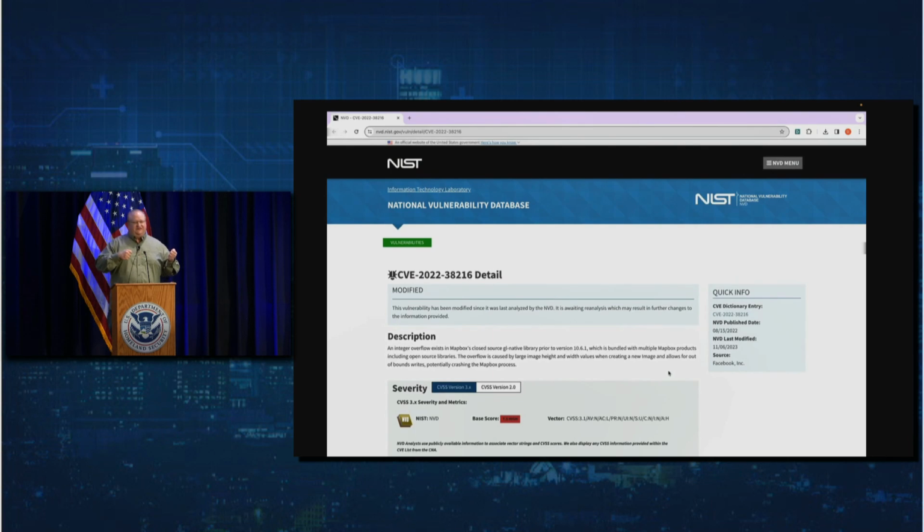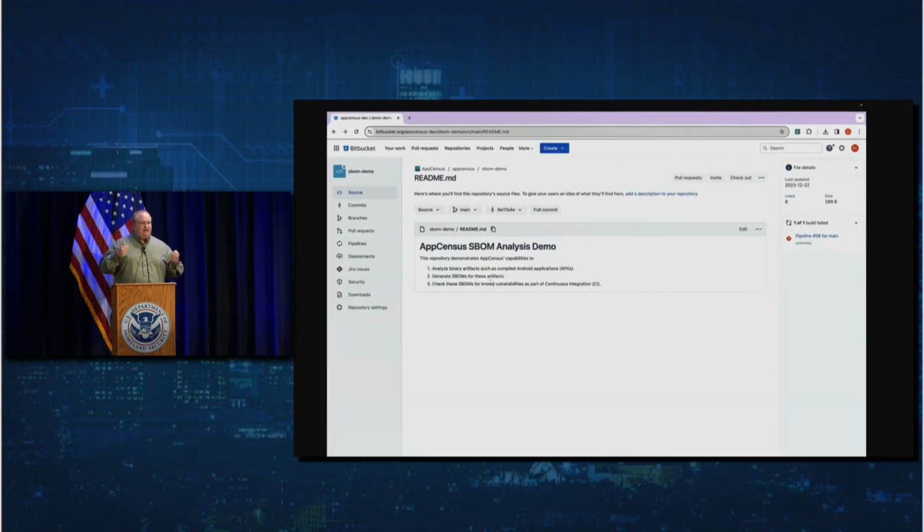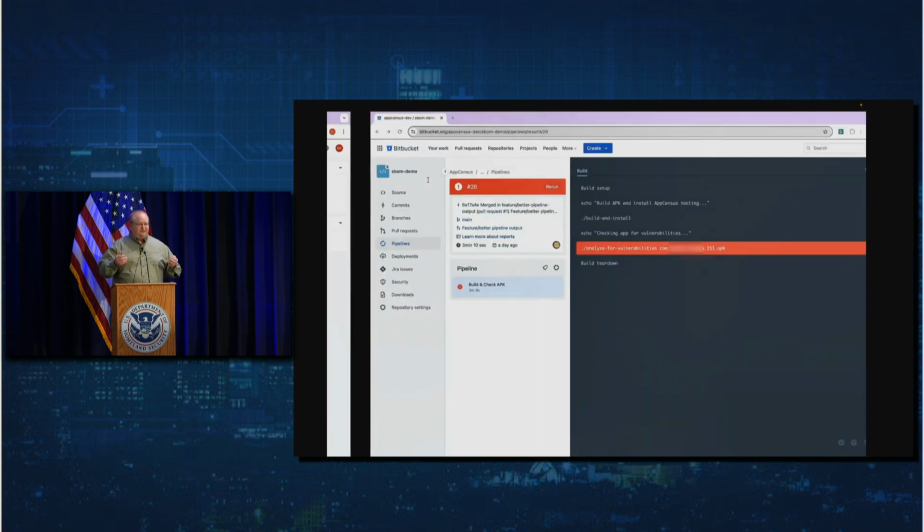And we're able to associate this information with a CVE that came from NIST. And we then look at this in the context of a deployment pipeline, where you're trying to roll this information out either as part of a development pipeline, or you're trying to push this out as part of some part of your ecosystem.